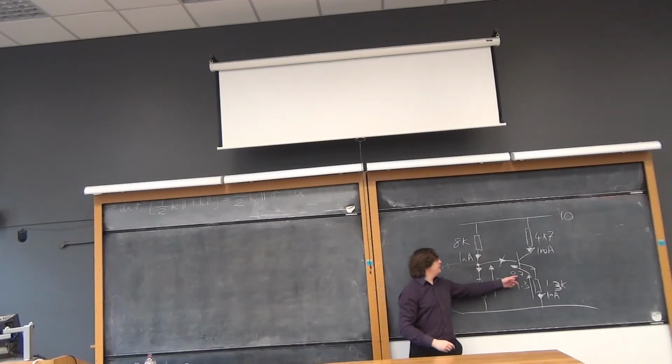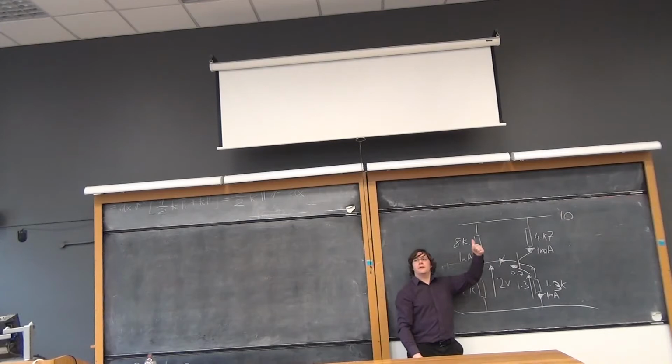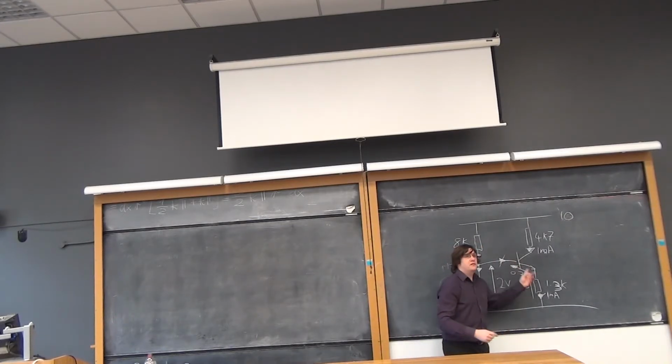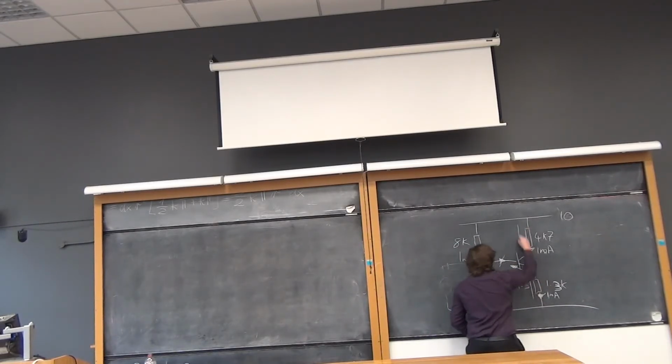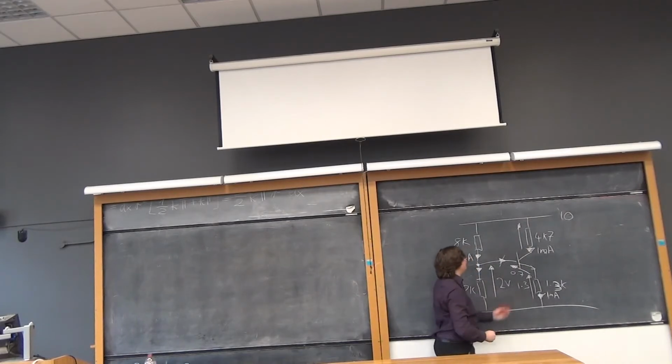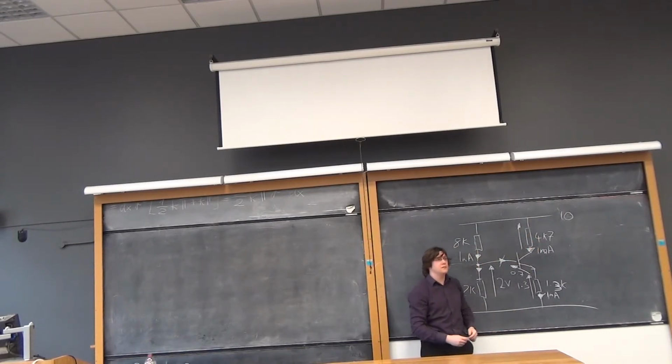Everybody happy that IE must add up to IC plus IB? If not, it's in Prof. Houston's stuff somewhere about transistors. So in that case, what's the quiescent collector voltage? The quiescent voltage across this resistor, which I'll call RL for the sake of argument, is 4.7 volts.